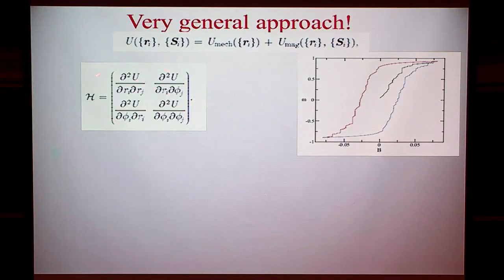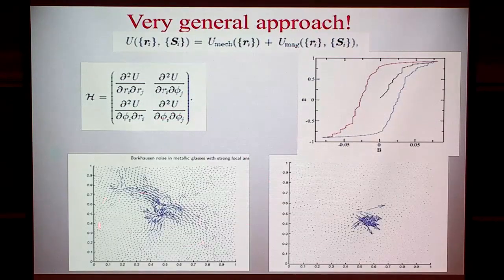You have the second order derivative with respect to all the degrees of freedom, including the cross terms d r_i d phi_j, where phi are the angles associated with these spins. Then you again have eigenfunctions that are localized in a region, with a projection of the eigenfunction both on the positions and on the spins, and you can use the same kind of approach to understand what is going on in such cases.